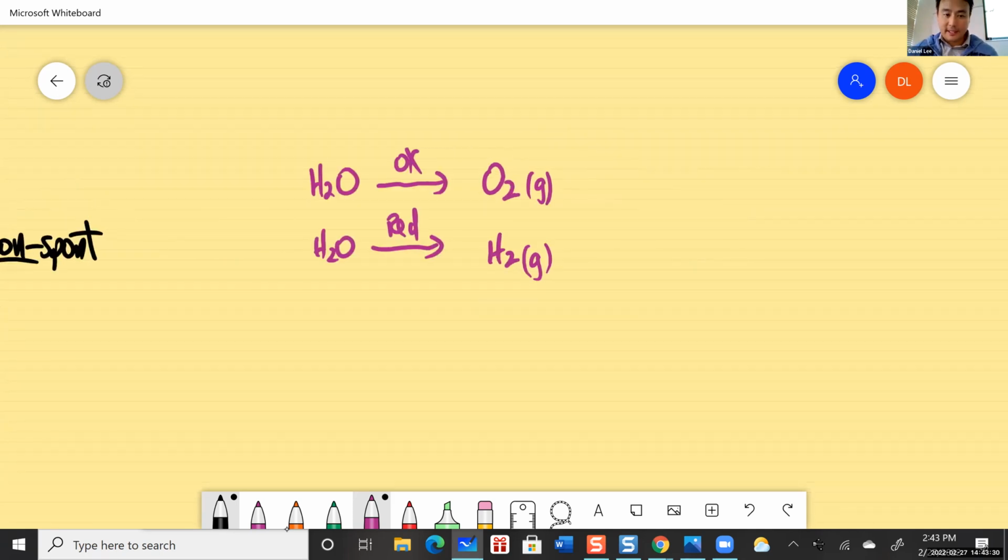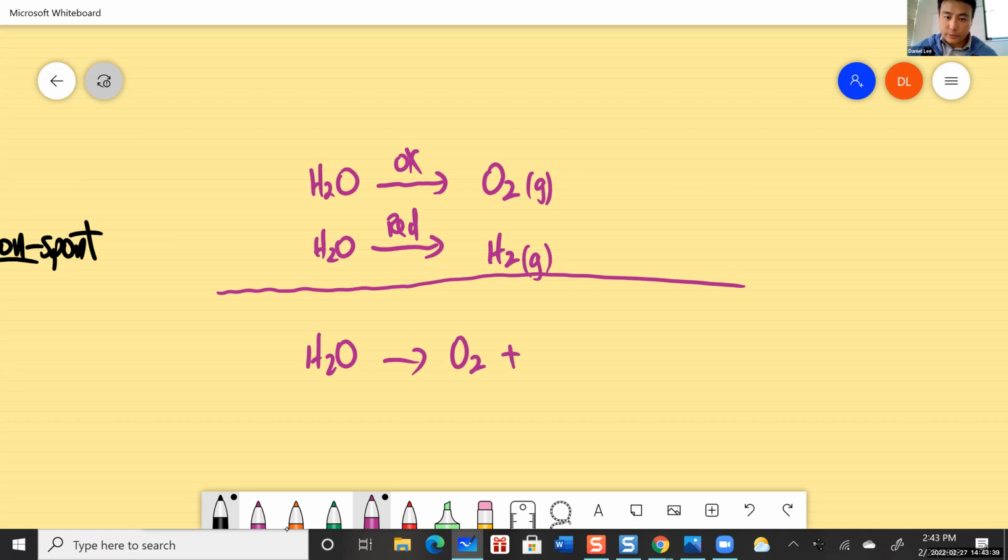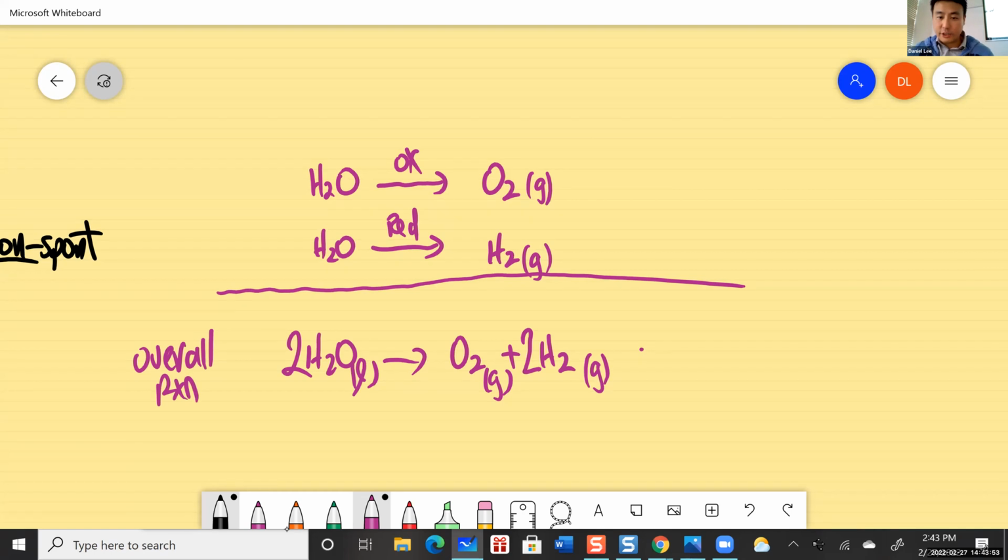It is non-spontaneous, yeah? You can also add them together, you get the overall reaction. The overall reaction is water becomes O2 and H2. And you can get the overall balanced equation simply by putting a 2 here and 2 here. This is gas, and water is liquid. This is the overall reaction. I don't have to do the half reactions to get to this one. But if I want to find a delta E, I need to use the half reactions, yeah?